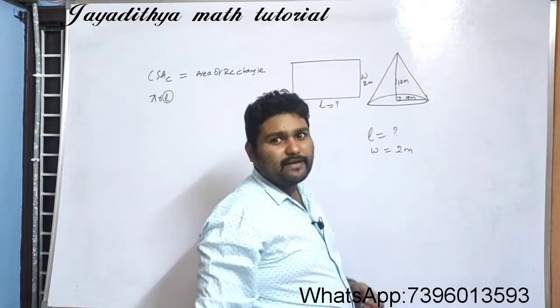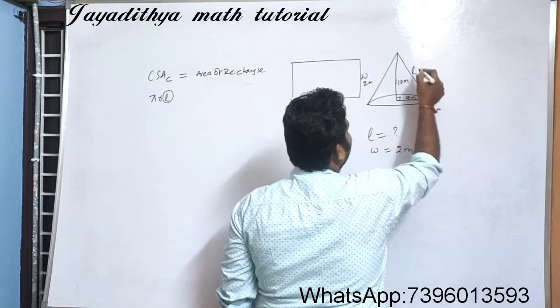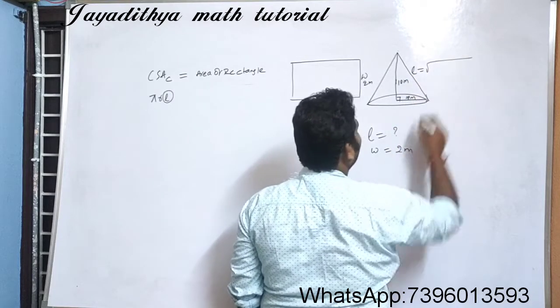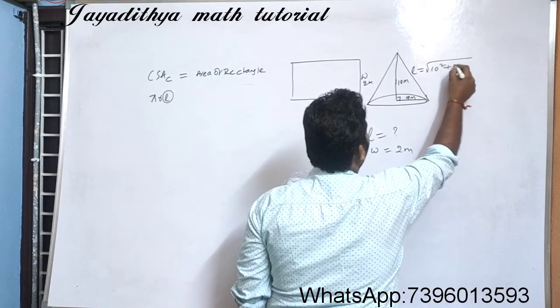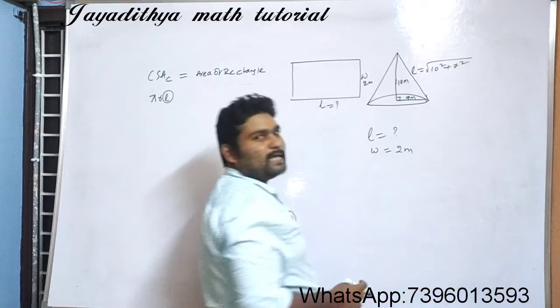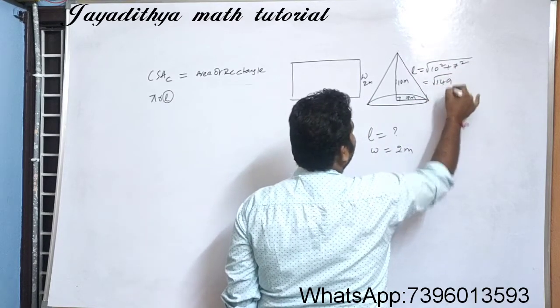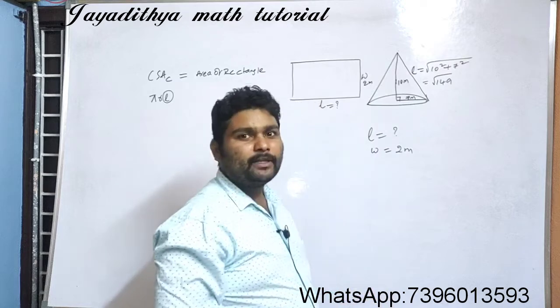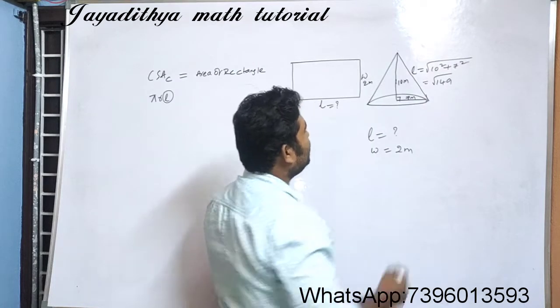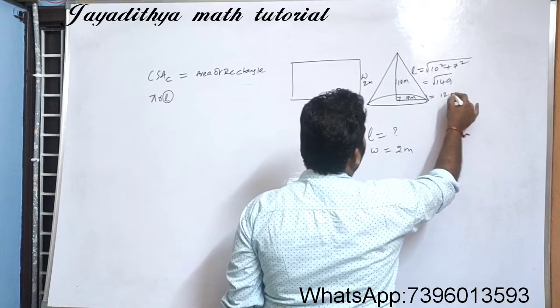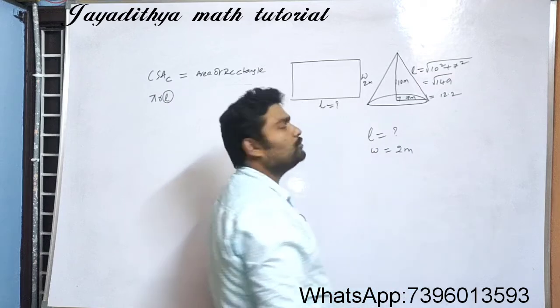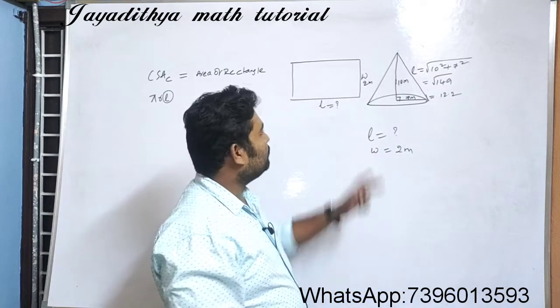I told you yesterday itself, l equals root over 10 square plus 7 square, that is, h square plus r square. This is root over 149, whose value is approximately equal to 12.2.